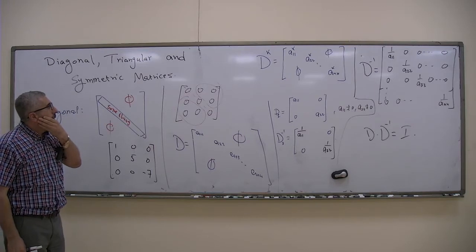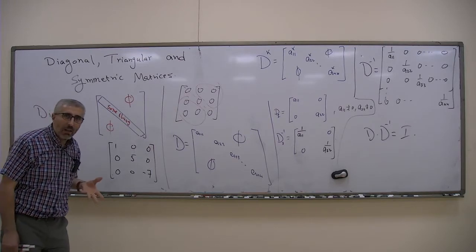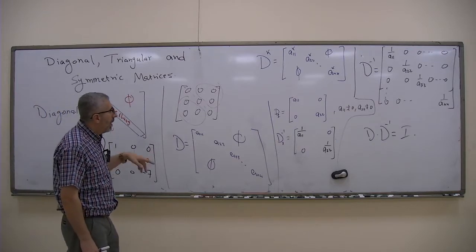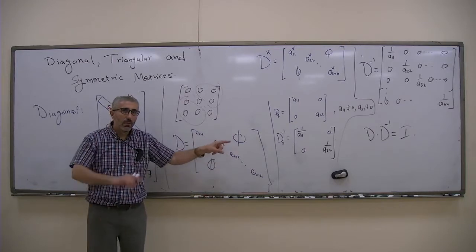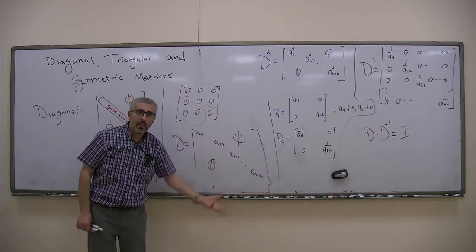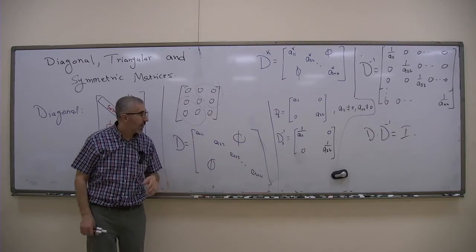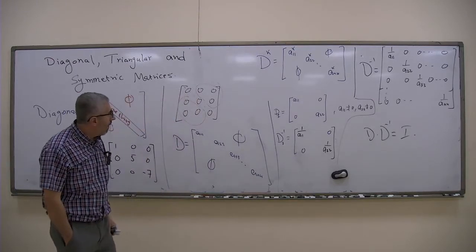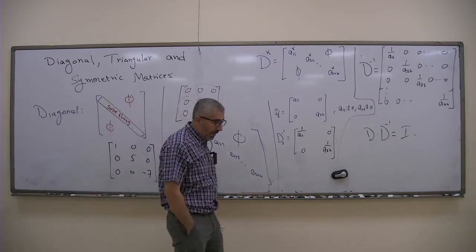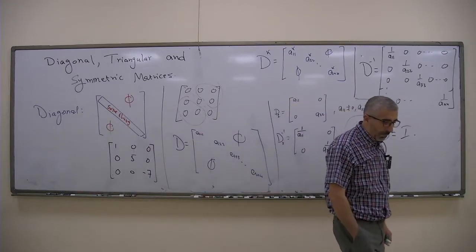Now, if you multiply 2 diagonal matrices, what do you get? You get a diagonal matrix, correct? Think about multiplying 2 matrices of this type. Do the multiplication. What do you get? Still you get a diagonal matrix. Okay? Let me say the following statement and tell me whether it is true or not.